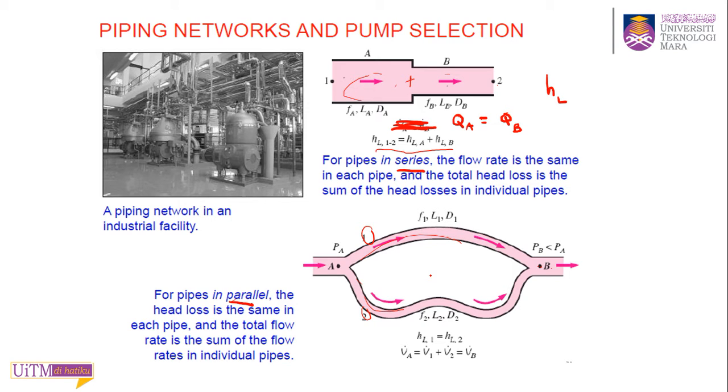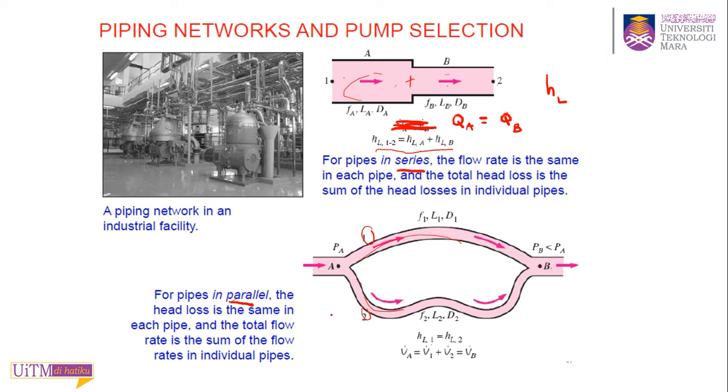It's not the summation. That's why it says here the head loss in pipe 1 will be the same as the head loss in pipe 2, regardless of their diameter or length or whatever. So this head loss must be the same. The head loss for each individual pipe is the same.